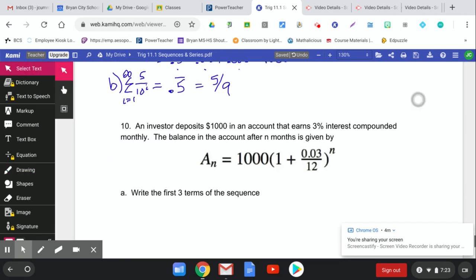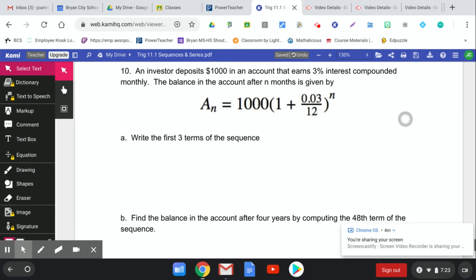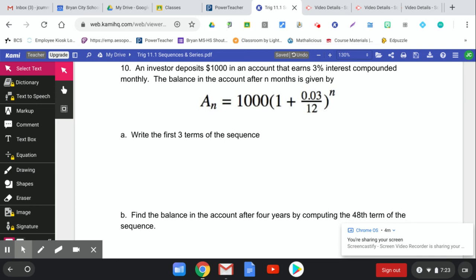All right, I think we got one more problem to do today. An investor deposits $1,000 in an account that earns 3% interest compounded monthly. So the balance after n months is given by this formula. That should look familiar to you. We've used that formula before. We want to write the first 3 terms of the sequence.